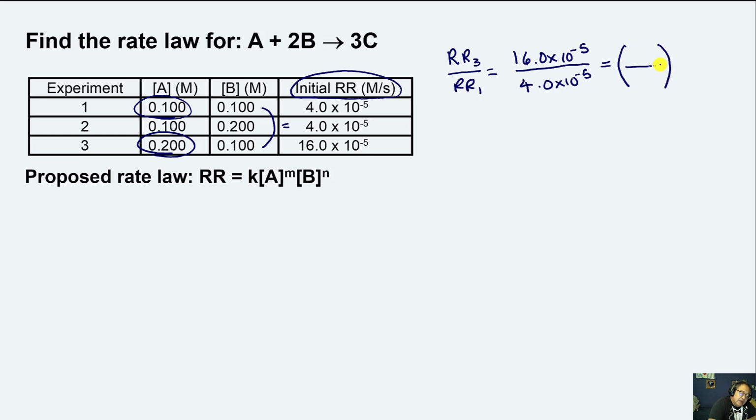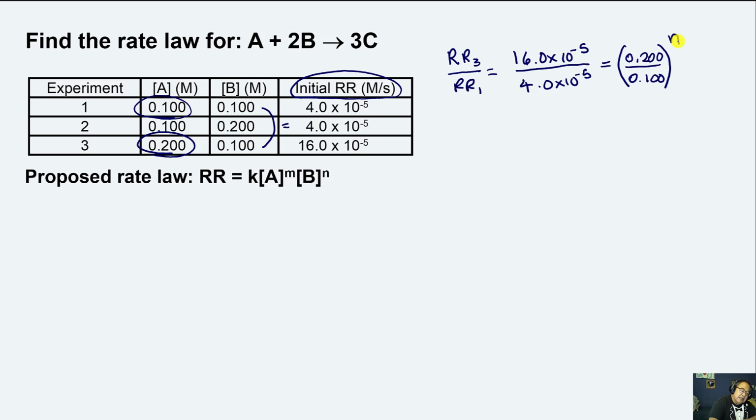And I'm cheating. This is the way I like to do it and not the way the book does it. This is the concentration of A for reaction rate 3, and then for reaction rate 1, the concentration is 0.100. And this is going to be raised to a power n. That's what I'm trying to determine, what that power n is.